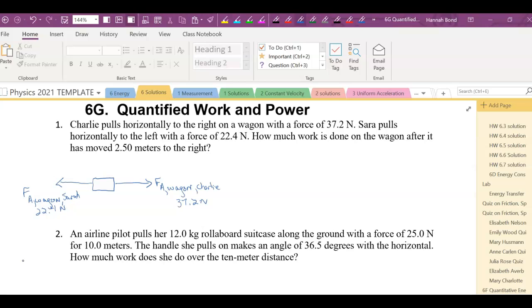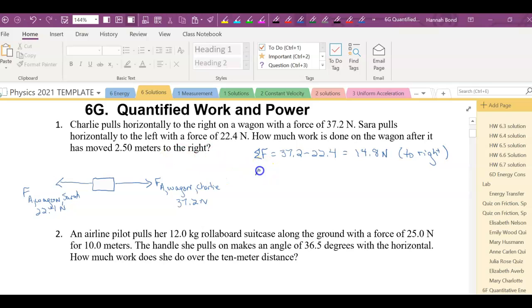So here, the net force is going to be the 37.2 minus the 22.4. The wagon is moving horizontally, and so we care about the net force in the horizontal direction. So there's a net force of 14.8 newtons to the right. Right, there's more force pulling the wagon to the right than there is to the left.